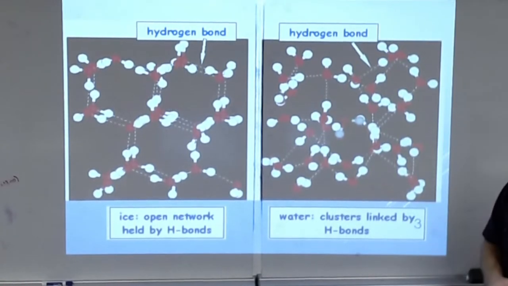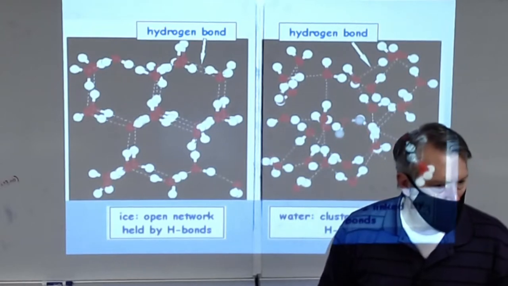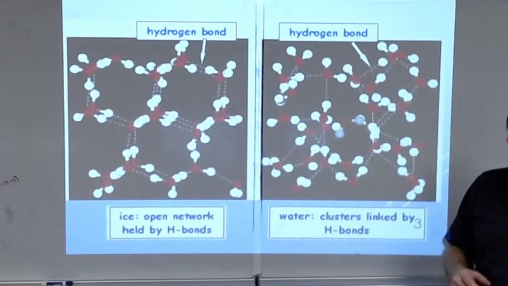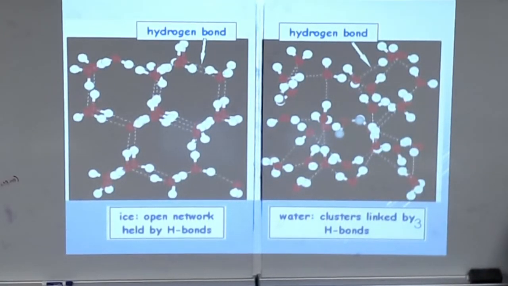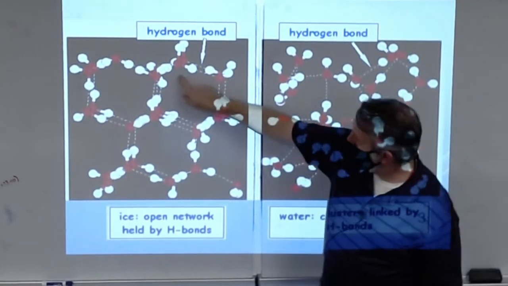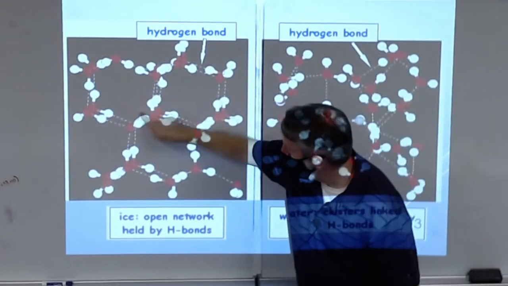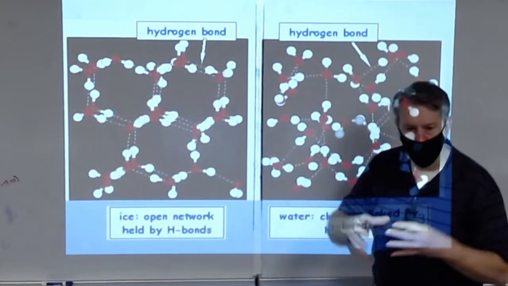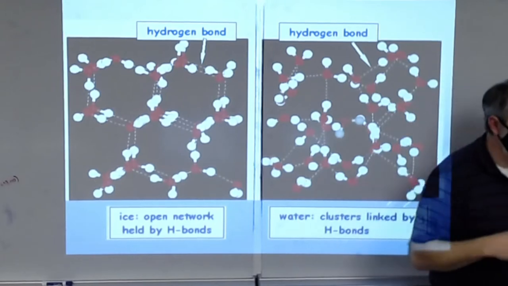And there's a cool little video we may watch next week talking about how ice actually forms. We have some partial hydrogen bonds here. This is still water. Notice how you've got a bunch of empty space here. And this is what causes your ice to expand as it forms.